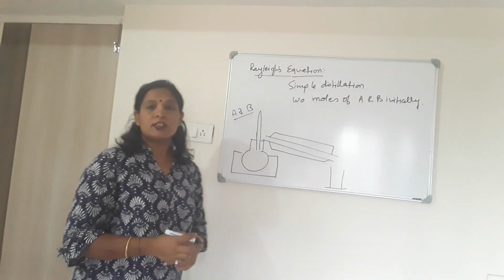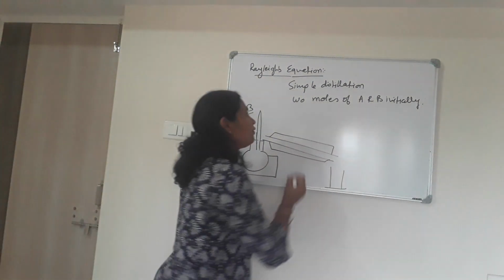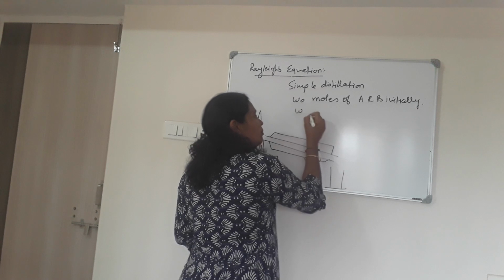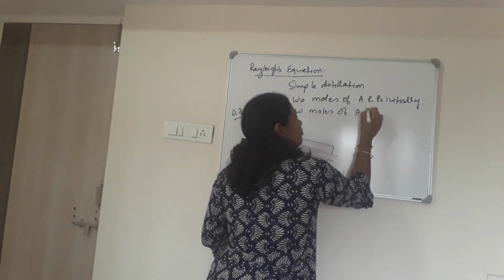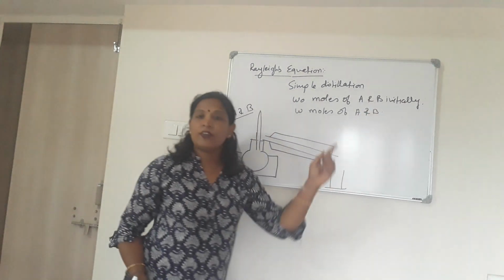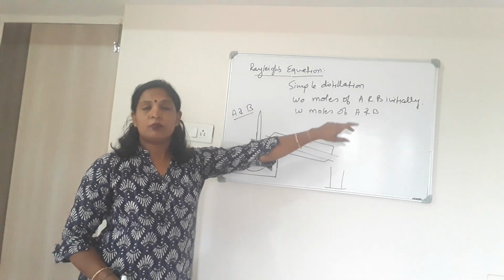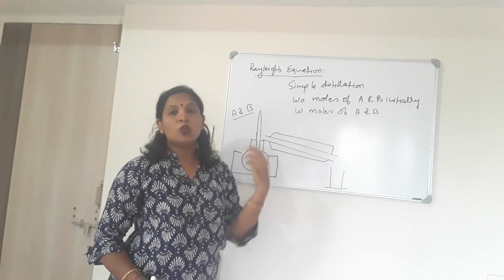We have started its distillation and the moles will change from W0 to W moles. Here I have considered a binary system, that means it contains two liquids, A and B.